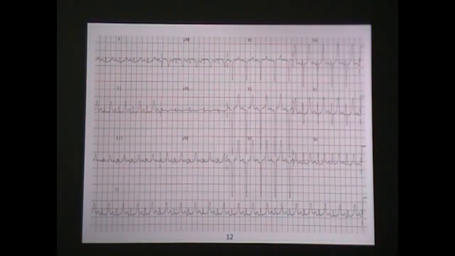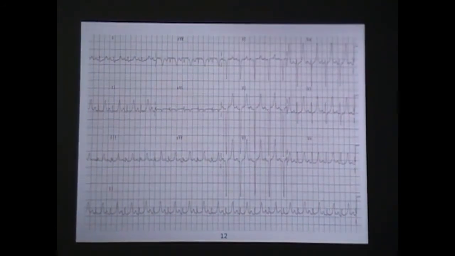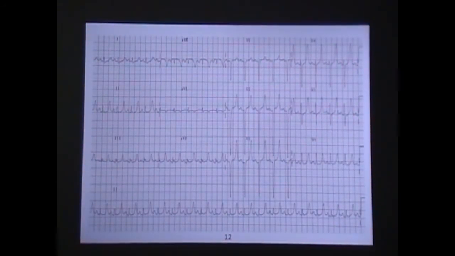My PR interval is not first degree. My QRS complex going up to V1 is narrow, but I've got a flipped QRS complex. So I would probably call this hyperkalemia. Everyone agree with that? Seems reasonable. So you're basing it on a wide QRS? No, the hyperkalemia is a peaked, pointed T wave.